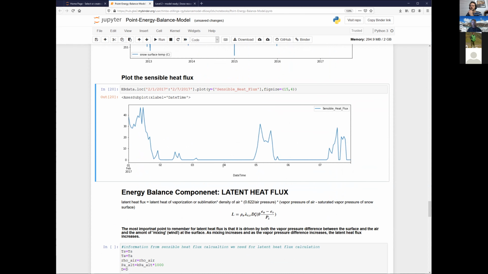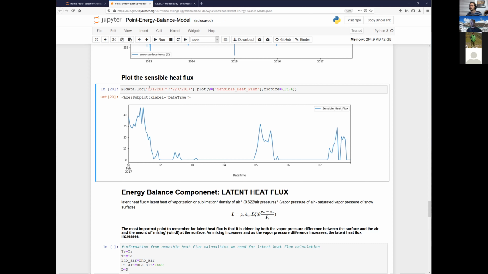So if there's no wind, if there's light wind, if it's really calm, and the air temperature is the same as the snow temperature, you're not going to get any sensible heat exchange. And if there's no wind and no mixing, the thin layer of air that's right above the snowpack will come to equilibrium with the snow below it. And you'll end up with basically no heat exchange between those two.